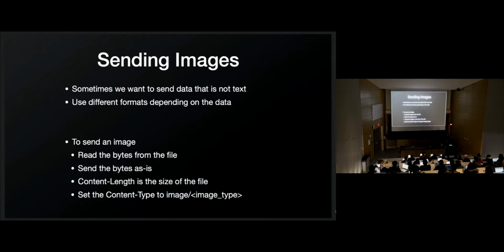Once we open the file and we want to send it in an HTTP response, which we've only talked about text so far, how do we send that? And that text can be HTML, CSS, or JavaScript. Actually, worth mentioning, your HTML, CSS, and JavaScript, you're not really sending them as files. You're just sending them as bytes. So you are sending a file, but you're only sending the contents of that file in the body of an HTTP response.